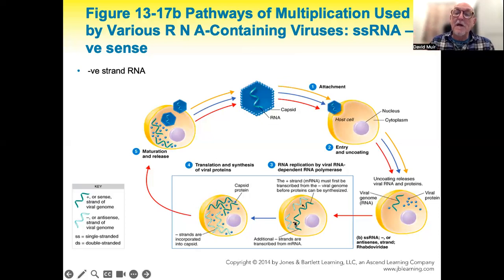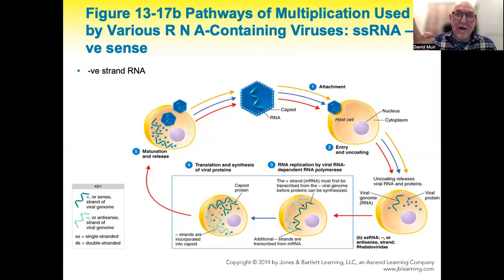But in addition, from the positive strand, many copies of the negative strand are produced to act as the genome. The proteins are matured and assembled, and the negative strand genomes are packaged, and then the viral particle exits the cell by one means or another, depending on the virus.